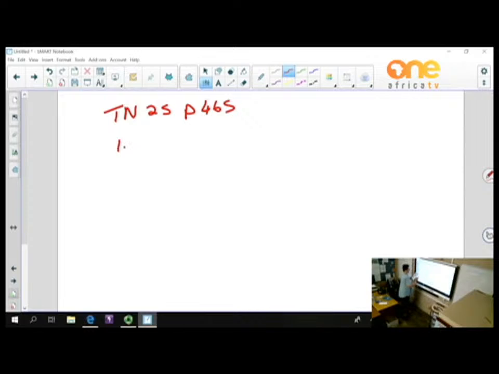Right, let's look at the first one. In PQR, every time I'm going to draw the picture to find out which side is which. Otherwise, you're going to struggle here. So PQ is 5, QR is 8.